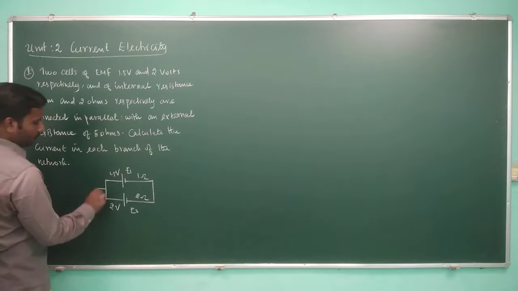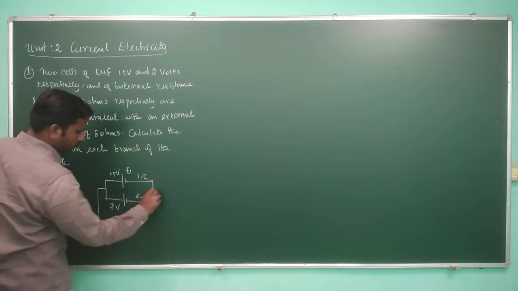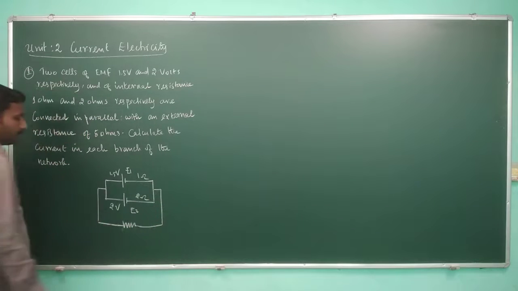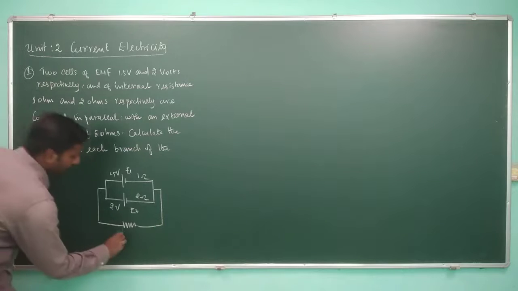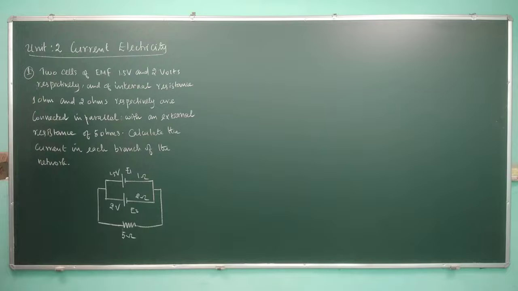This network is connected to an external resistance which has the value 5 ohms. This alone is given, and this is the problem which is similar to the one which we have discussed in the previous lecture.